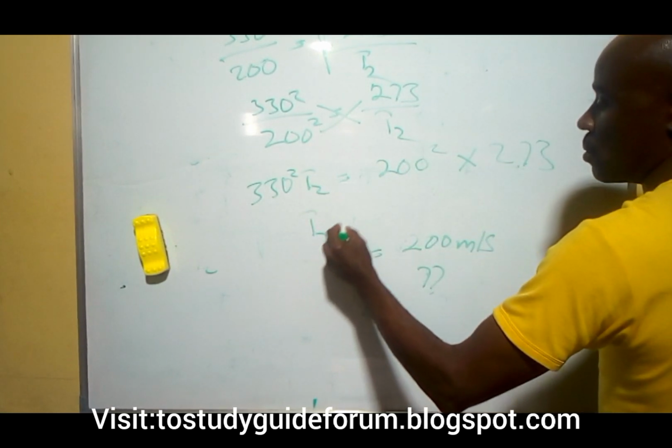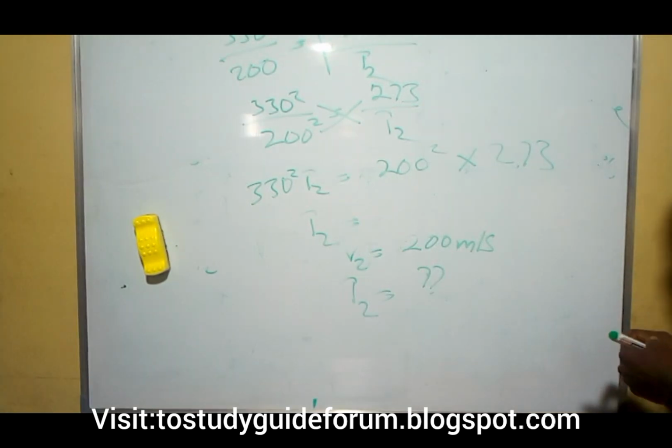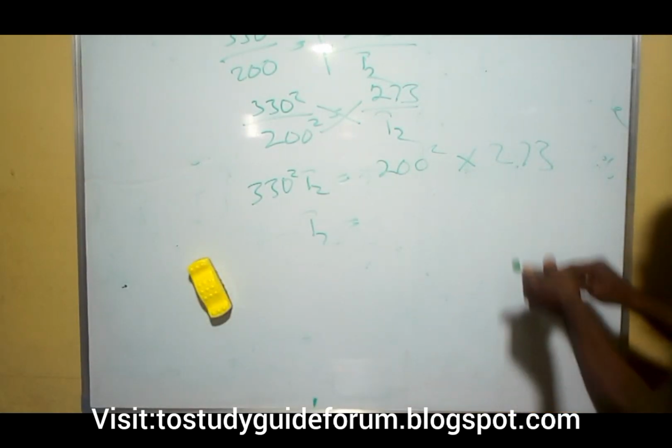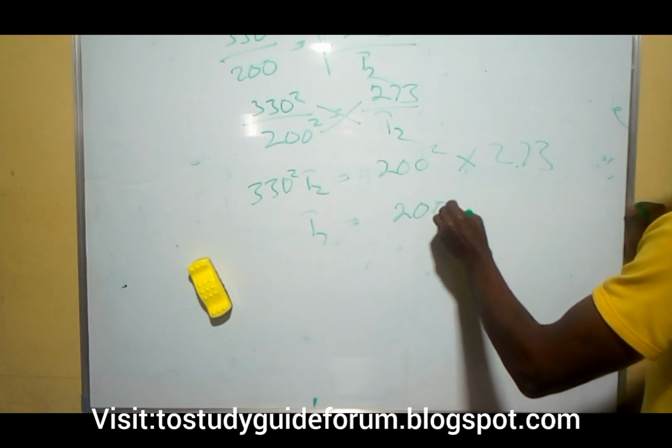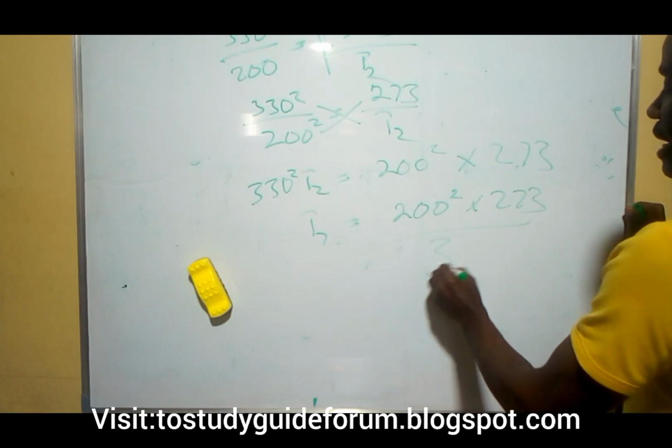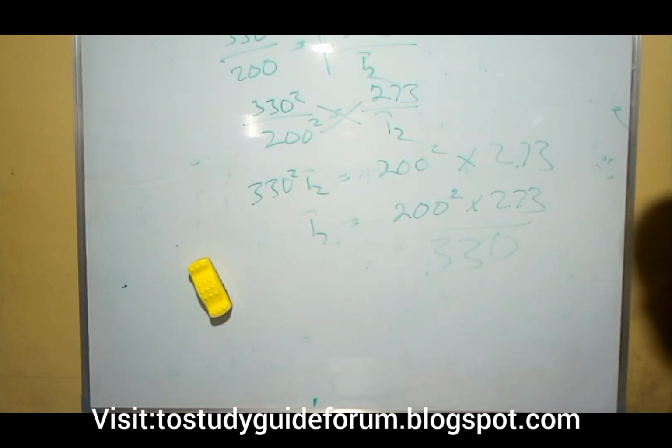So T will then be equal to 200 squared times 273 all over 330 squared.